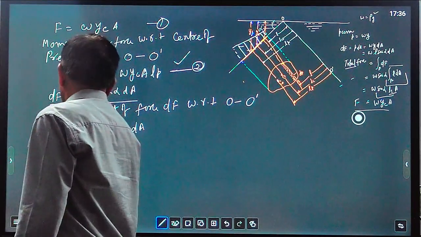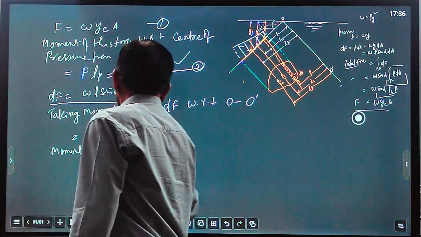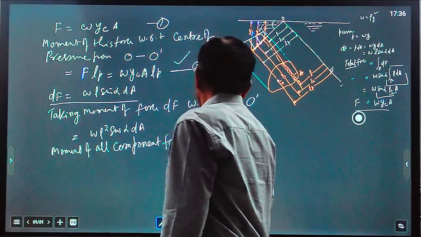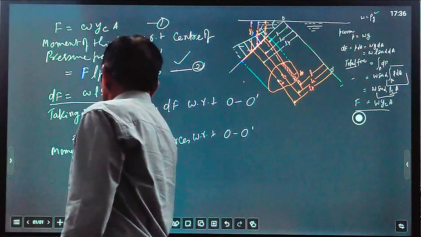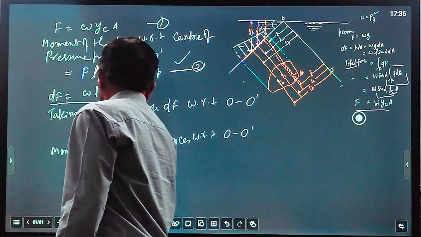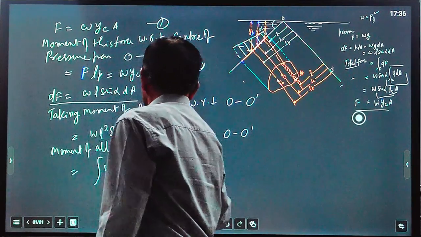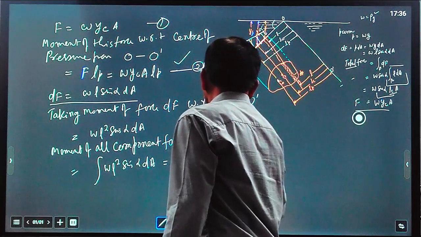The moment of all component forces with respect to O dash will be equal to the integration of this equation, which is omega L square sin alpha dA, that is equal to omega sin alpha times the integral of L square dA.